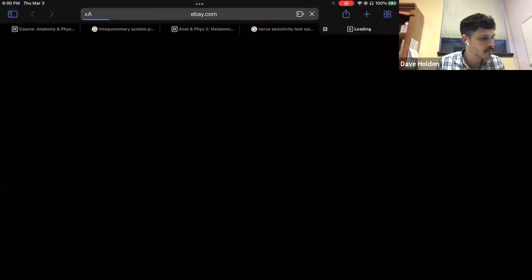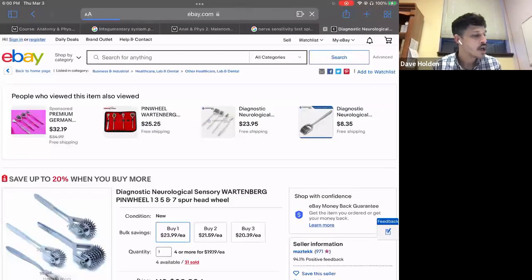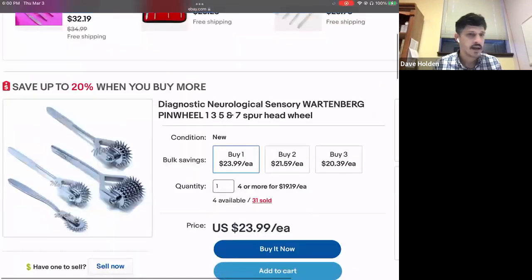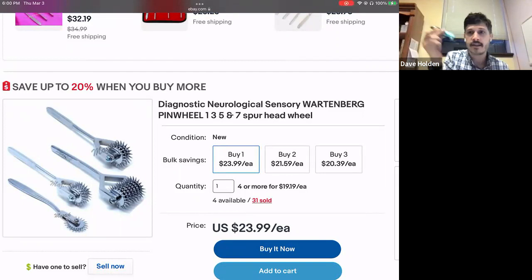This is the one. So to test nerve sensitivity, you get a little instrument like this. And trust me, they look way scarier than they are. They're not that big. And the whole point is you don't put any pressure on them. You just roll them across the skin.